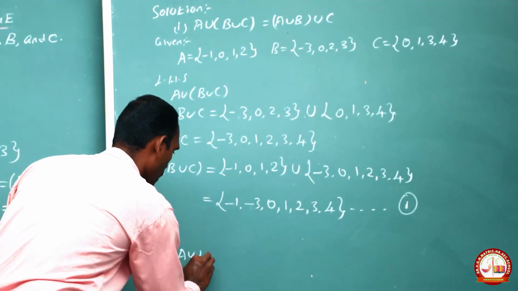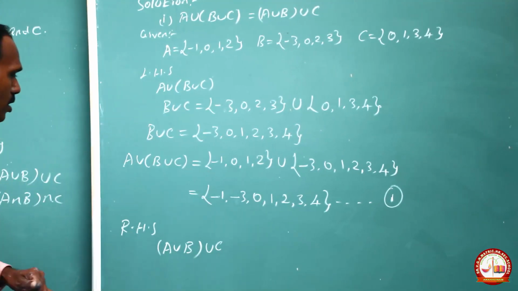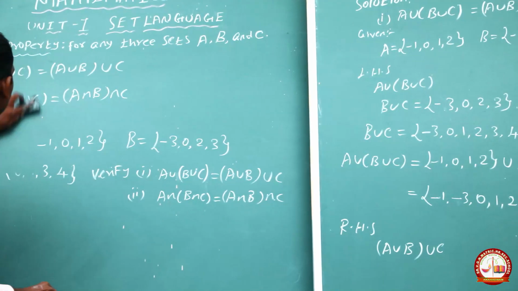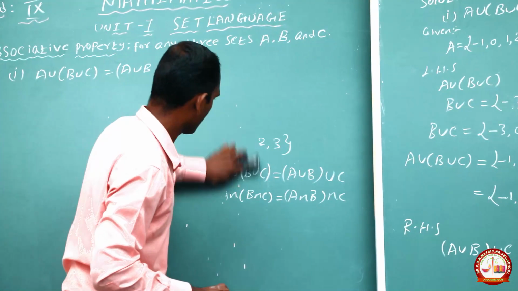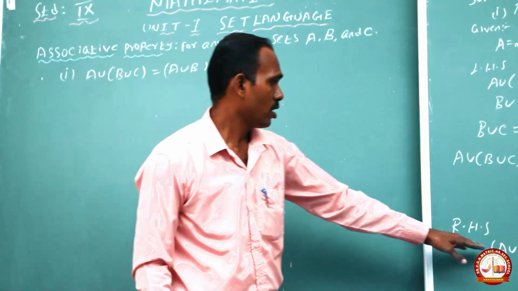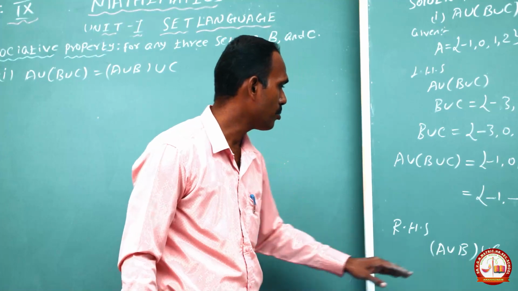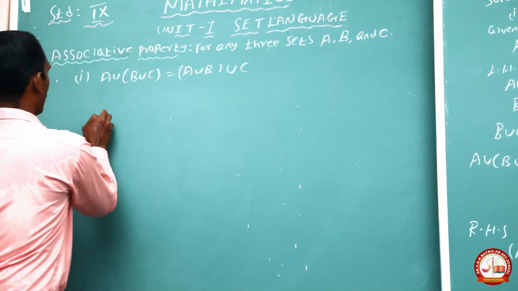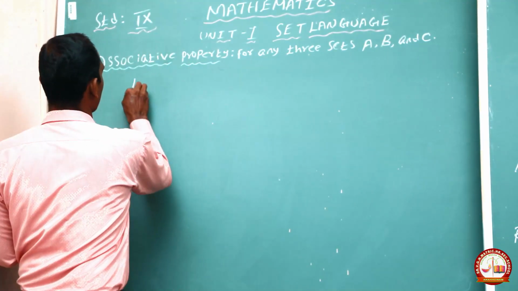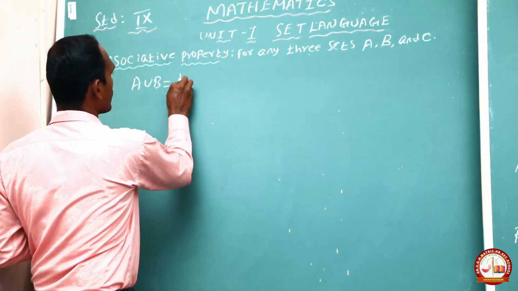(A union B) union C. Already we know within the bracket we solve first, so we take the A union B. So A union B equal to, first we write the A set of elements.